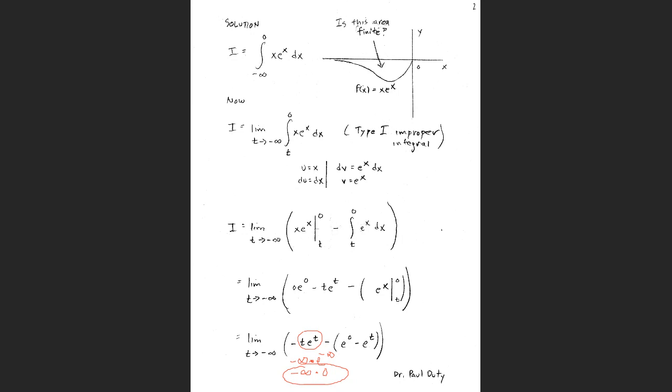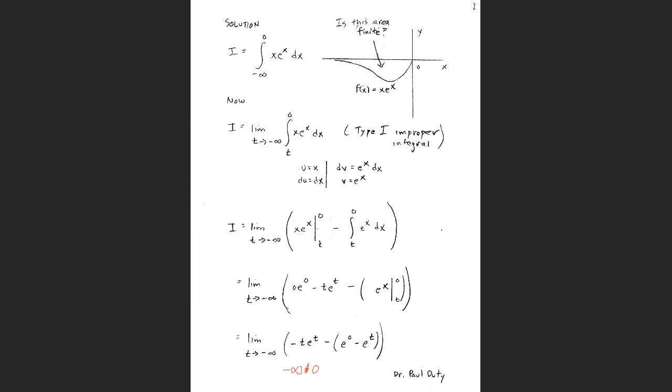Okay, so let's go to the next page. Wait, Professor, why would that be indeterminate if it's negative infinity times 0? Well, you have one term that's getting very negative, and you're multiplying that by another term that's going to 0.